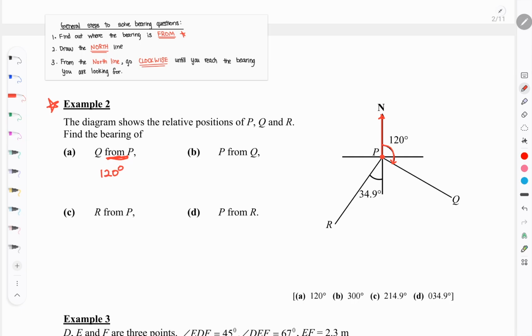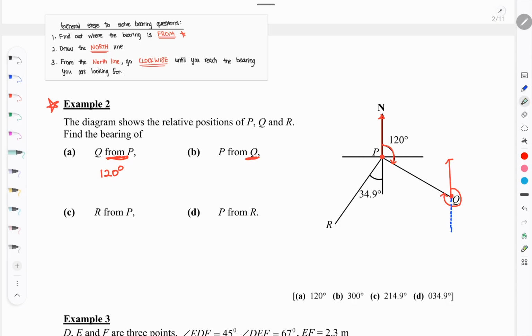Next, I want to find bearing of P from Q. Same thing. Step 1, go to Q. Then I draw my north line and I'll go clockwise. So same thing, I like to use alternate angle. So over here, I will extend down a little bit.